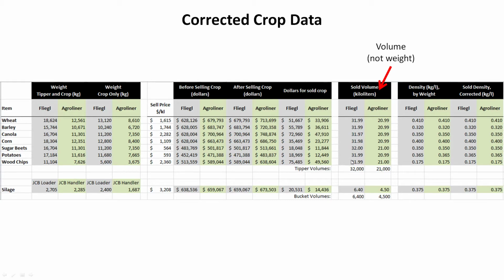This is volume. This is kiloliters, or 1,000 liters. We got 31.99 kiloliters. Let's take rounding error, 32 kiloliters. 6.4 kiloliters. You know what that means? This price is not dollars per ton, it is dollars per kiloliter.